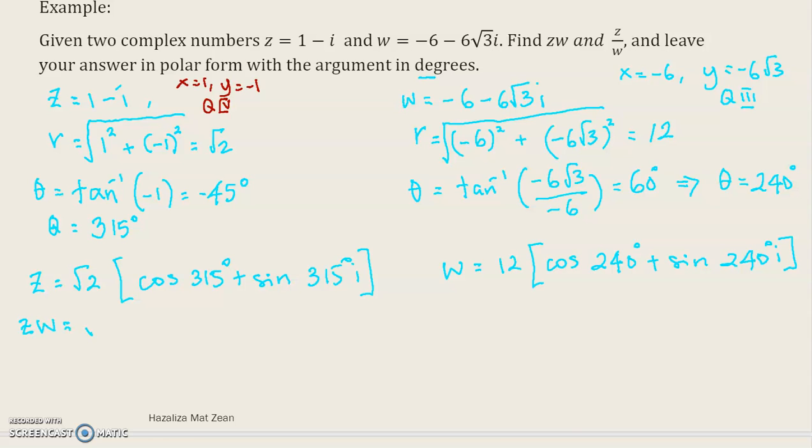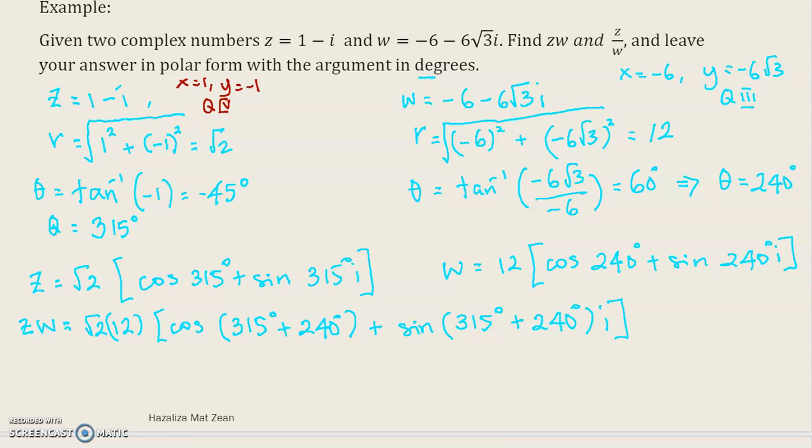So the product is √2 times 12, or 12√2, and the arguments we are going to add, right? So 315 plus 240, and sine as well, we add 315 plus 240.